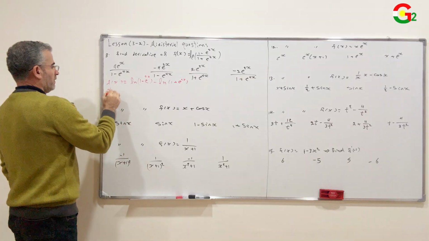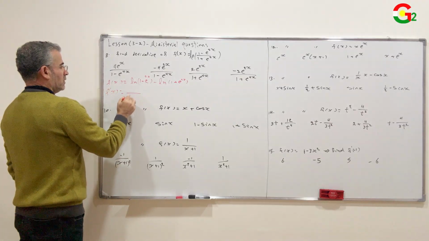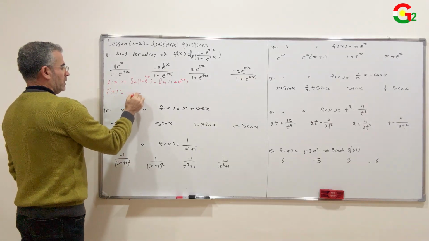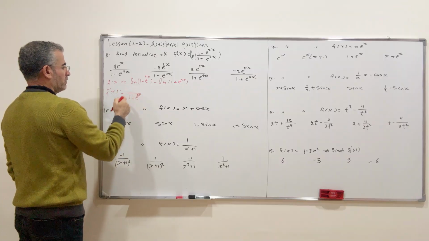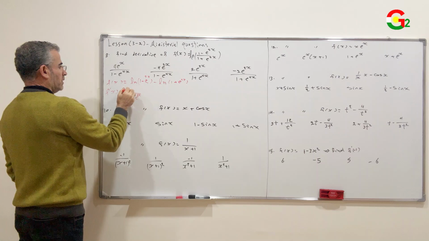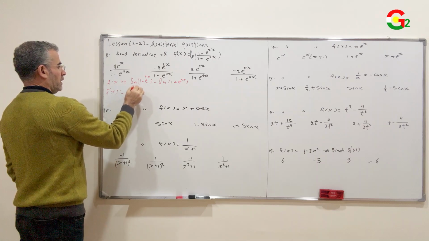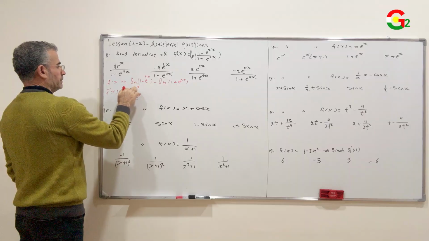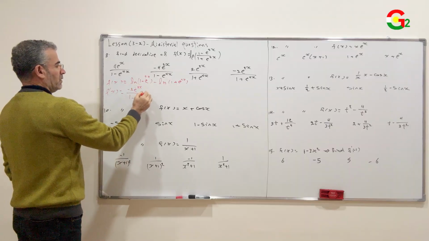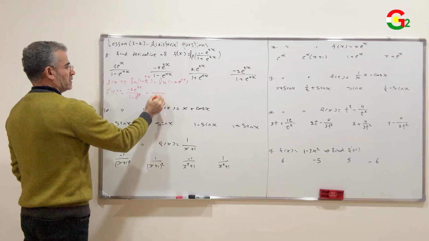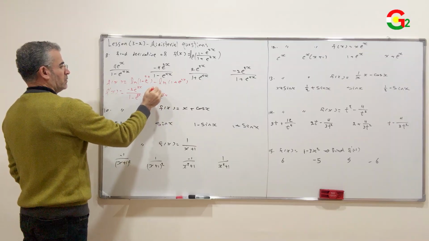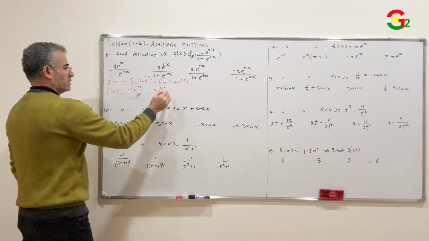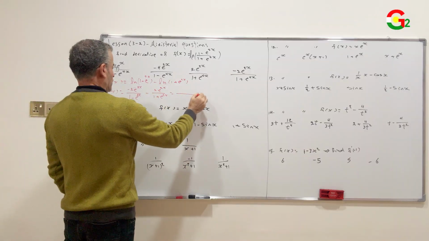Now the derivative: f prime of x equals the derivative of the denominator in the numerator, negative 2 e to the 2x, over 1 minus e to the 2x, minus the derivative in the numerator 2 e to the 2x over 1 plus e to the 2x.